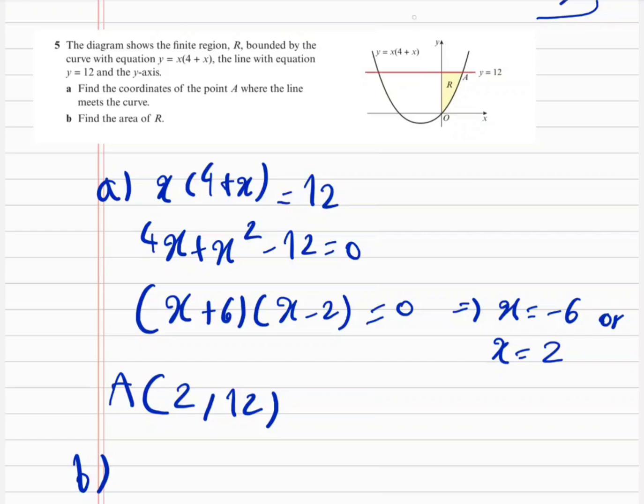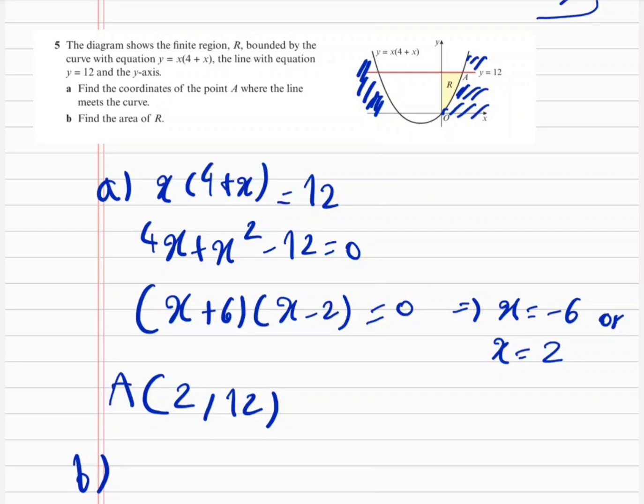If we integrate x times (4 plus x), which is just the curve, the integral is going to give us the area bounded by the x-axis and under the curve. So it's going to give us the area of the blue regions, right?